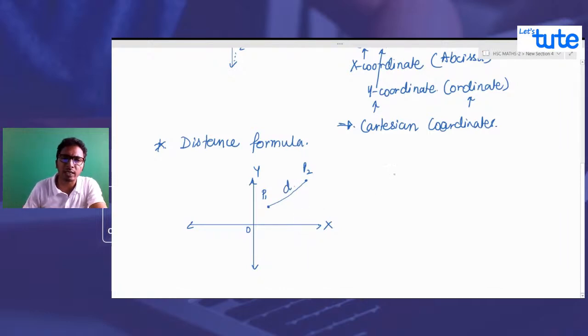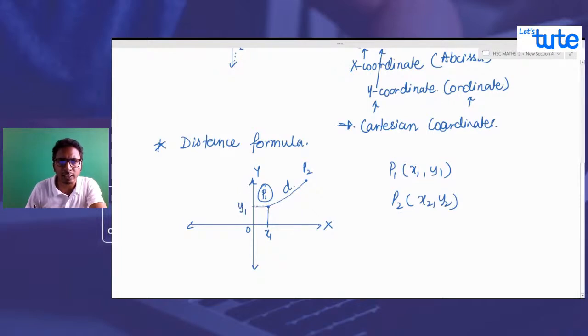So how to find it? Let us say the coordinates of P1 are x1, y1, and the coordinates of P2 are x2, y2. What do I mean by that? The coordinates of point P1 are x1, y1. So basically it is at x1 with respect to x, and it is at y1 with respect to y.